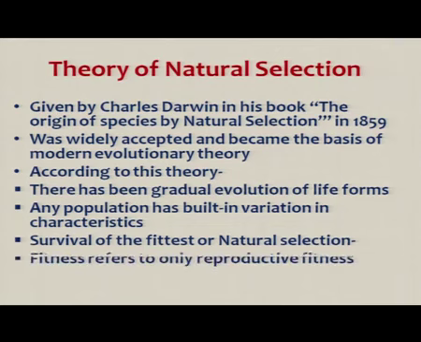The fitness referred to is the reproductive fitness. If an organism is able to successfully reproduce, increase its progeny and its population, and flourish, then that will be natural selection. Natural selection means that nature will select the beneficial characteristics, and only those organisms will survive which have better adaptations or better features.